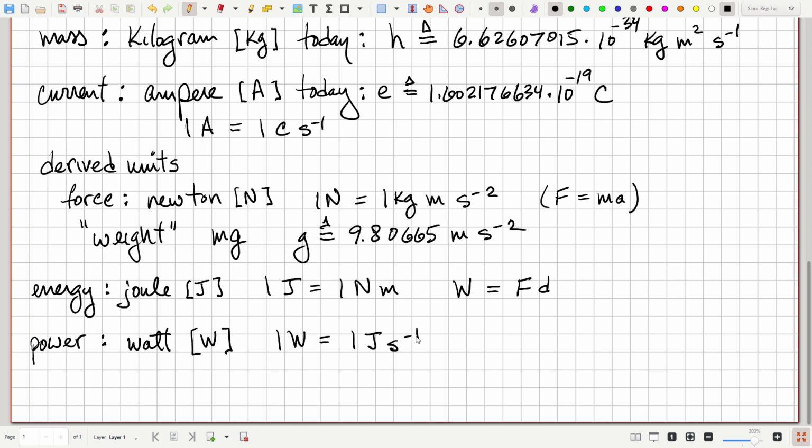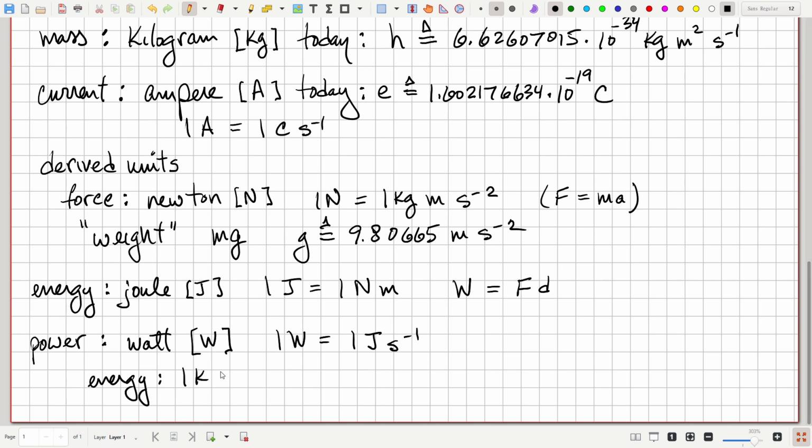Now, in electricity and electrical power, a watt is really a pretty small amount of power, and the joule is a very small amount of energy. We often then have another derived energy unit we call the kilowatt hour.